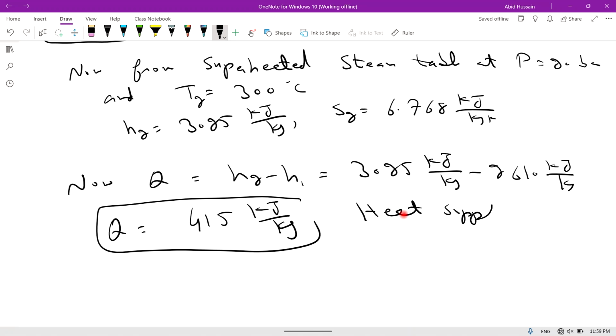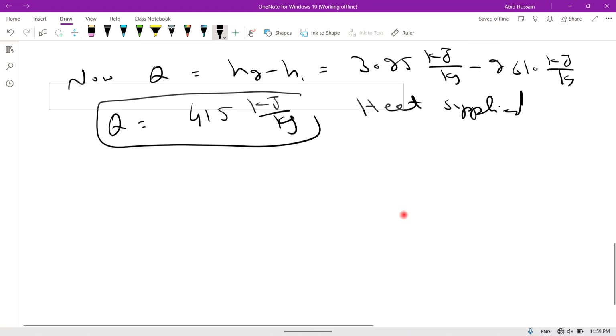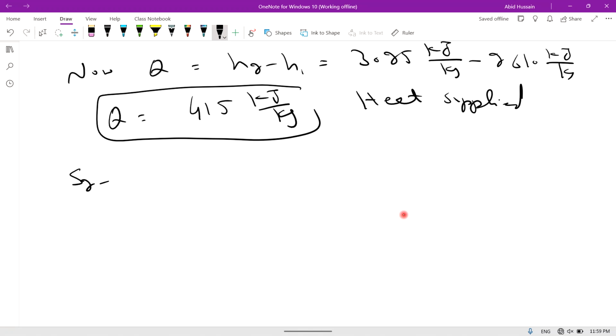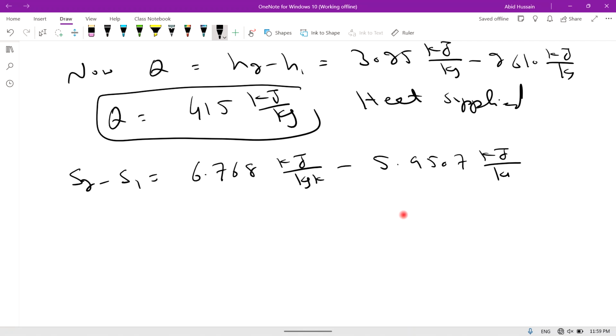Now change in entropy, S2 minus S1 is equal to, S2 is equal to 6.768 kilojoule per kilogram per Kelvin minus 5.9507 kilojoule per kilogram per Kelvin.